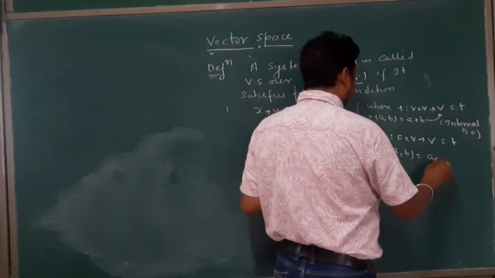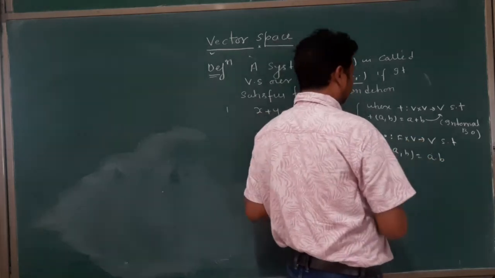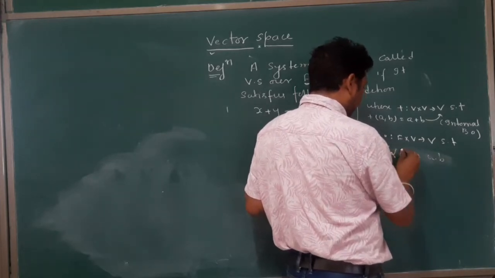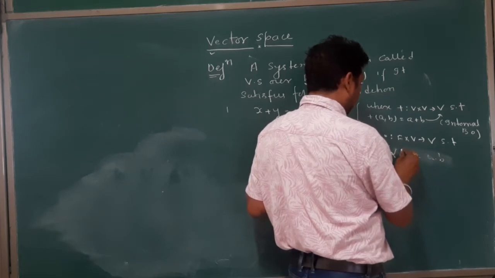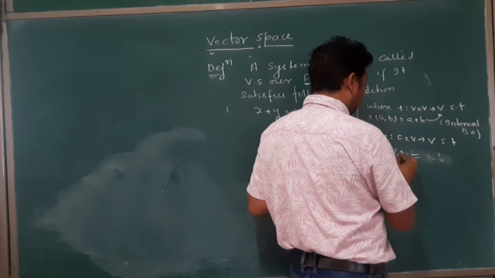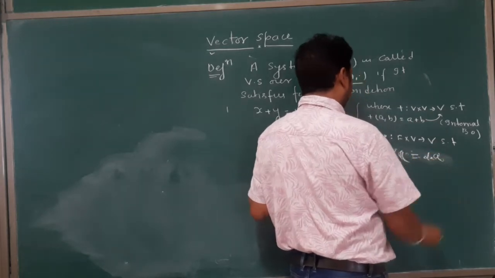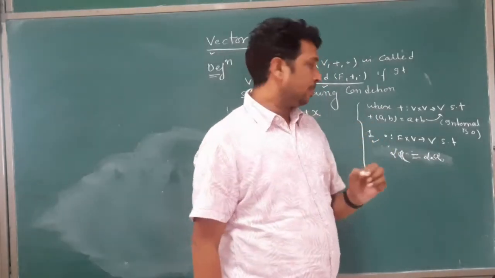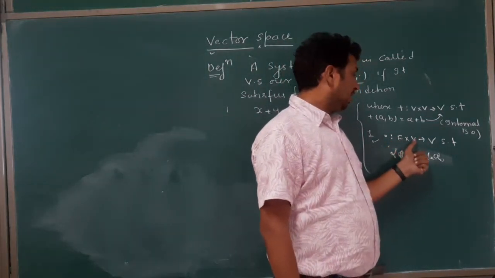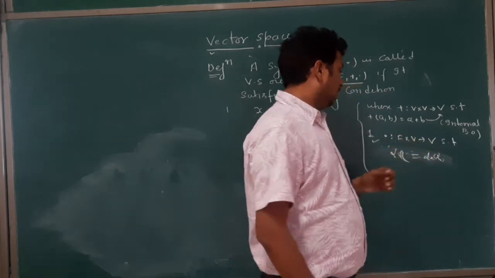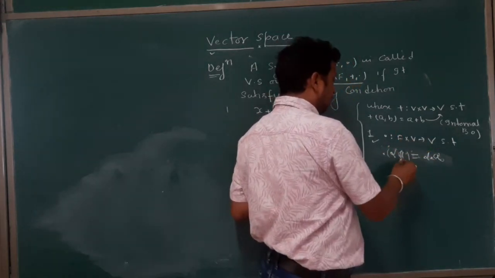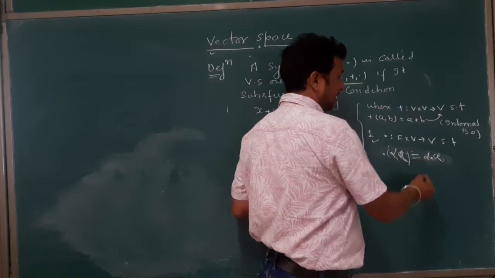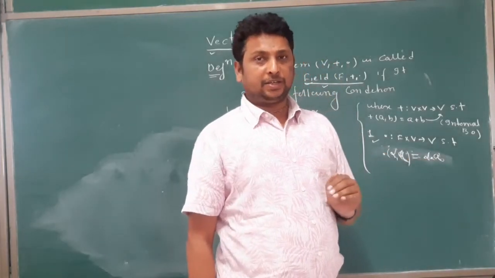And dot is from F cross V to V such that when dot applies on alpha comma A, the value is alpha dot A. This is called an external binary operation. Alpha comes from the field and A comes from V. It's the same as 3 multiplied by a vector, a scalar with a vector.